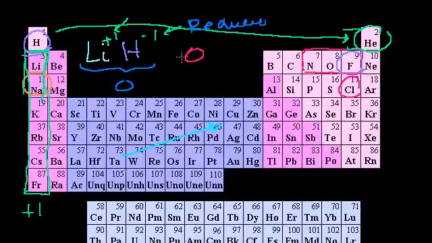Hydrogen, when it's dealing with a super electronegative atom, has an oxidation state of +1. Now, oxygen's typical oxidation state, when it bonds with almost everything else, and I'll give a special case in a few moments, is -2, because it normally takes 2 electrons from other things.